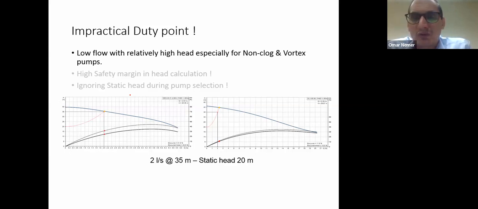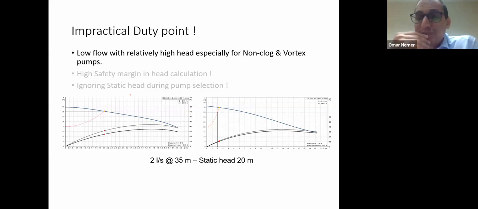Then we always face problems in compliance and waste time looking for a pump which we will not find, that can achieve such high efficiency in submersible pumps. That cannot be. Or, for example, looking for a vortex pump that has 60% efficiency. This is also not realistic. This is why we are trying to explain this.